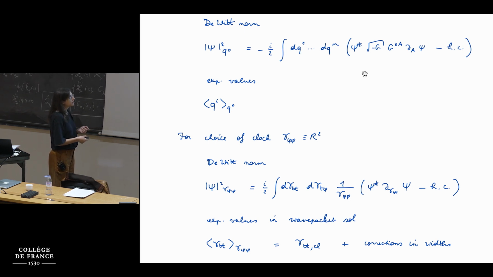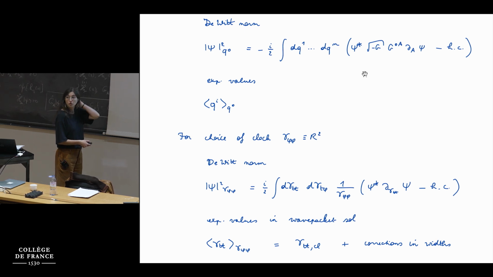I'm giving you the answer for this one, but these become very involved calculations very quickly. But the physics of it remains that what you find is basically the classical value plus corrections in the widths of your Gaussian construction and corrections in H bar.